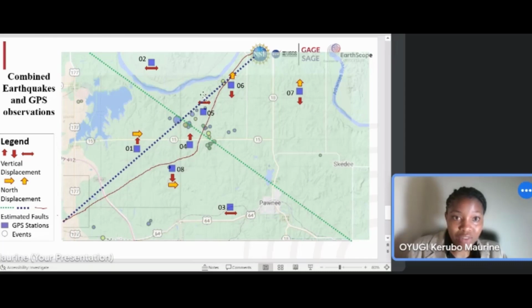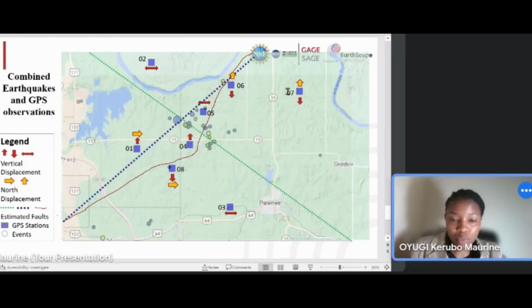We estimate the fault using these blue dotted lines. However, we notice that 04 is coming to this other side, and practically we know that a fault cannot be a straight line, so we draw a line to separate so that 04 is in its correct section.